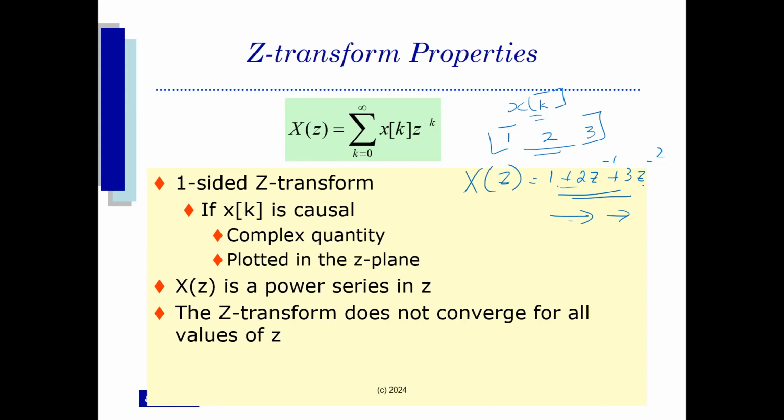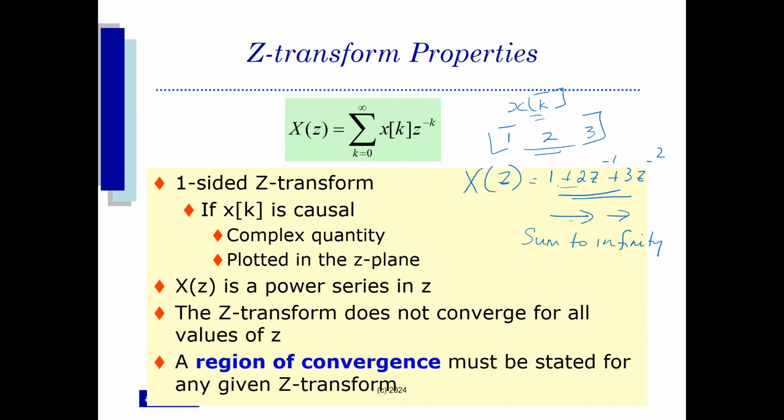If the power series does not end, in other words, if there's not some value of a sum to infinity, right? From your power series and so on. If you can't find a sum to infinity for XZ, then the Z transform doesn't exist for that particular XK that you're trying to find. And you have to be careful with that, all right?